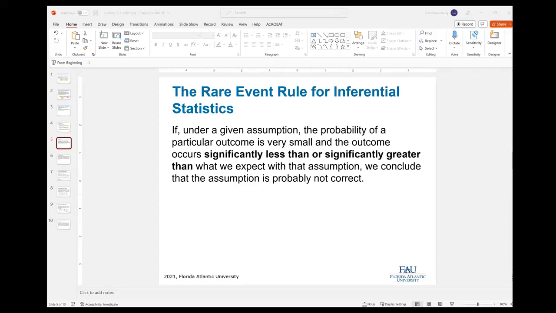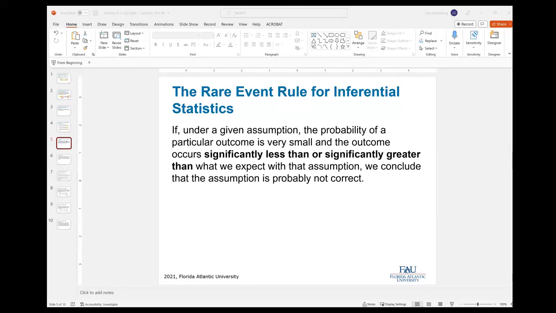All right, so now we're going to talk about the rare event rule for inferential statistics. And let's read what it says. So if under a given assumption, so we're going to make an assumption about some event that's going to happen, the probability of a particular outcome is very small.